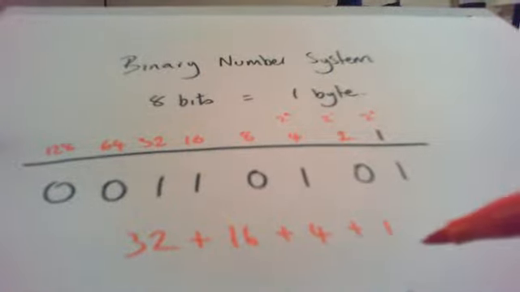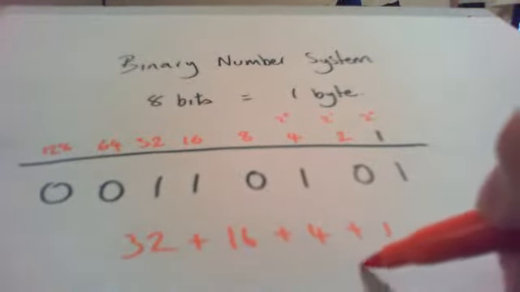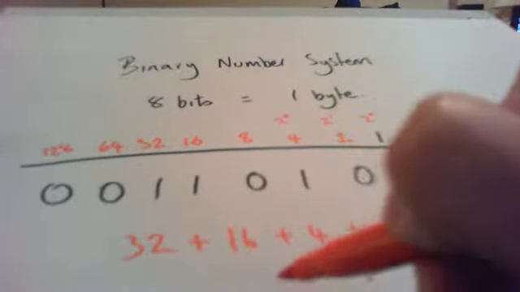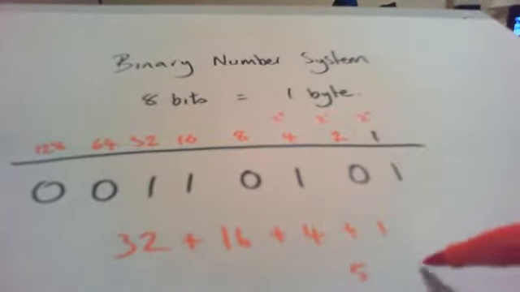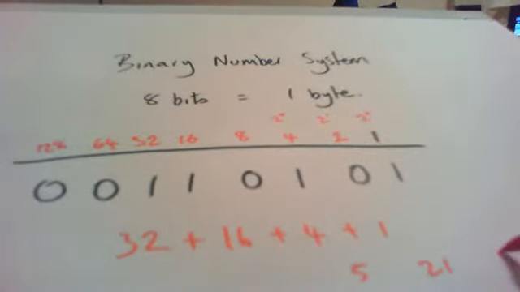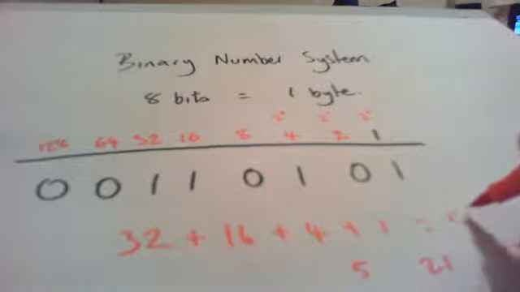And then you add them all up. Okay, I'm not very good at maths, we've got 5, we've got 21, and then 32, that's 53. So we know that that's 53.